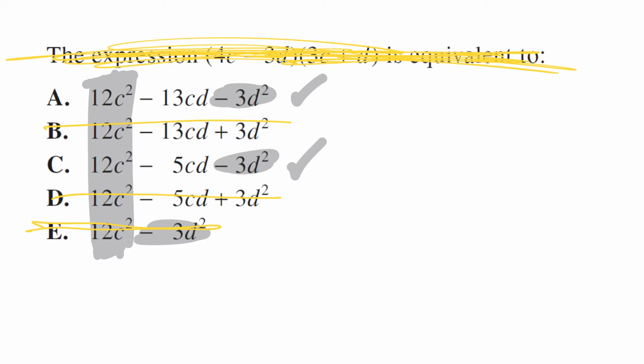And one of these two is actually the answer. We can actually do this problem real fast and see, but that's not the point of what I'm talking about today. Today we're just going to talk about guessing techniques. So this would be positive 4CD minus 9, so it would be the negative 5. C would be our correct answer here.